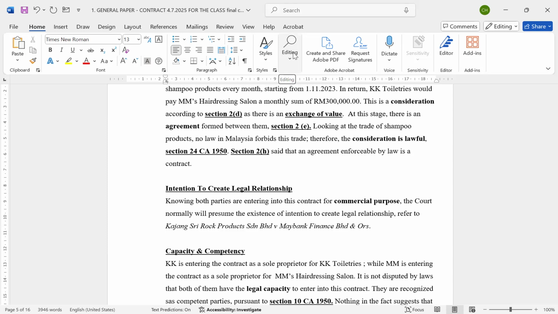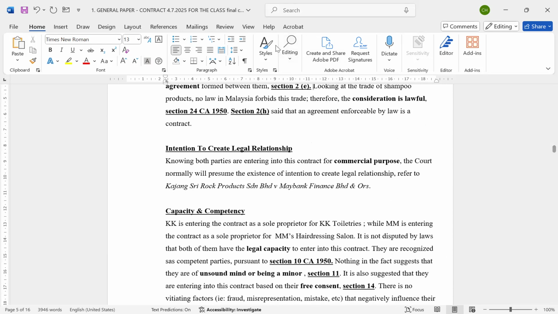You have to challenge the legality of the trade of shampoo products. I will give the following comment. Looking at the trade of shampoo products, there is no law in Malaysia that strictly forbids it, isn't it? So the consideration is lawful within the meaning of Section 24 of the Contracts Act 1950.